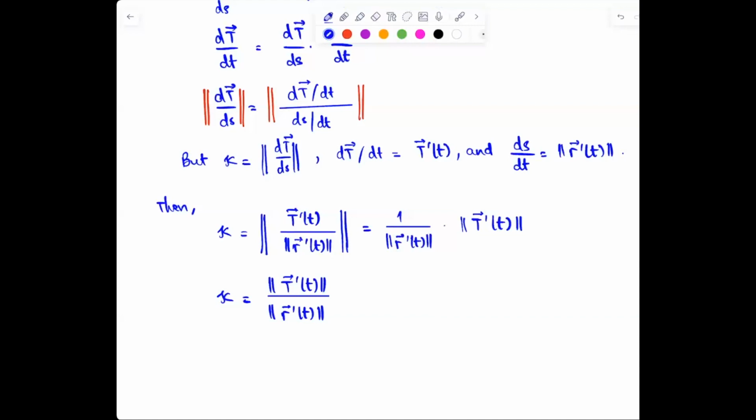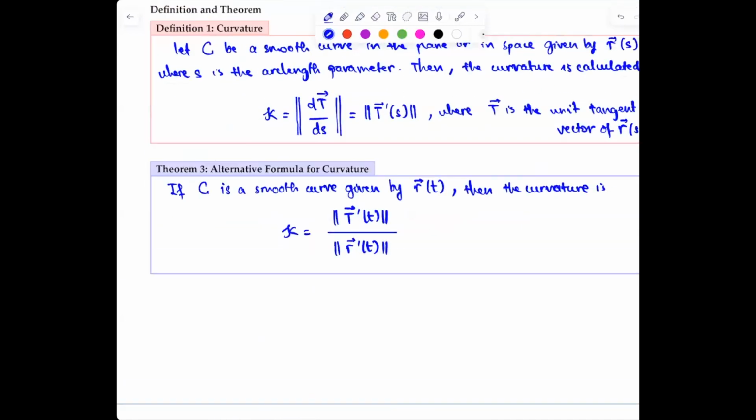All right, so in practice, again, we're going to use the second formula, the alternative formula. That is the curvature equal to the magnitude of the derivative of the unit tangent vector divided by the magnitude of the tangent vector.